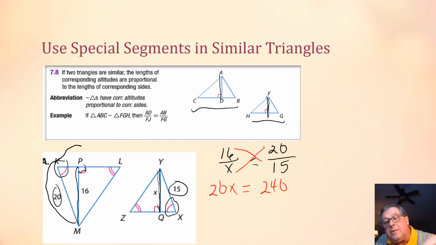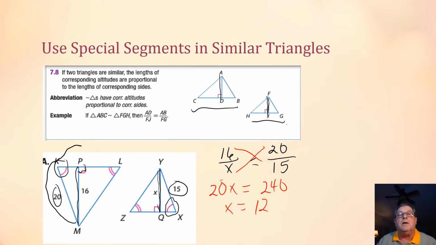We divide both sides by 20, so x equals 240 divided by 20, which is 12. So the altitude in this smaller triangle is 12, and we're able to determine that because the lengths of corresponding altitudes are proportional to the lengths of corresponding sides.